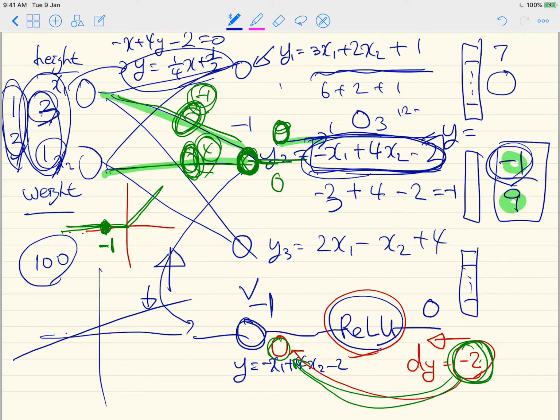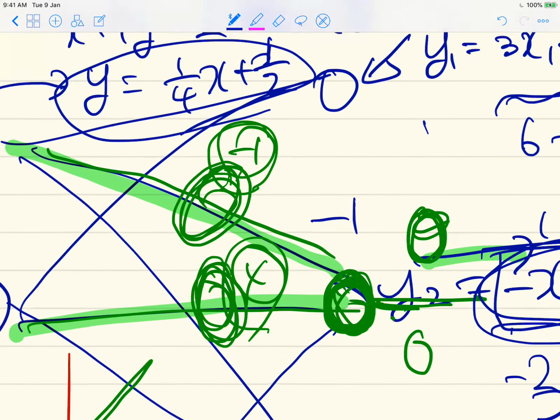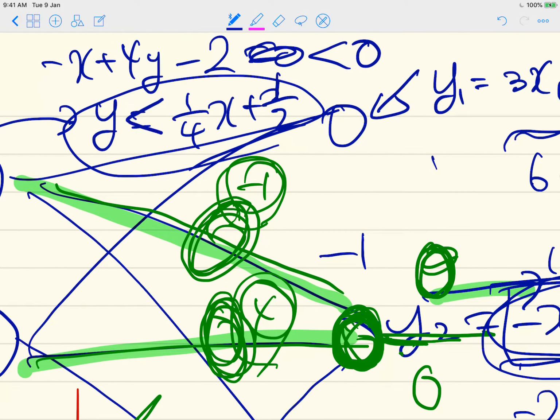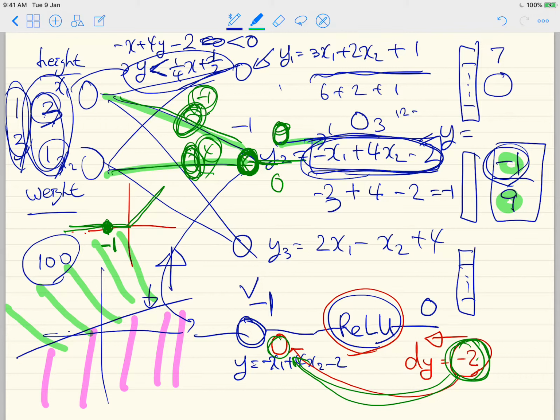And when this thing gets a negative value, it corresponds to the region where y is lower than this line. So this part is the region where we get negative linear combination output, and this region will produce positive linear combination output, right?